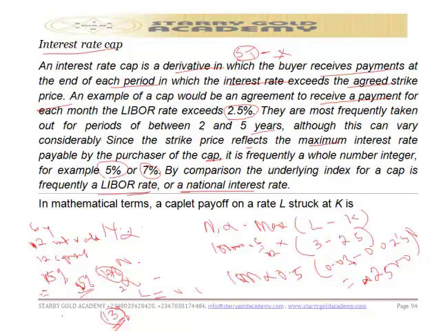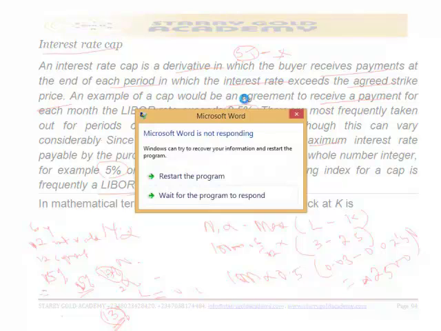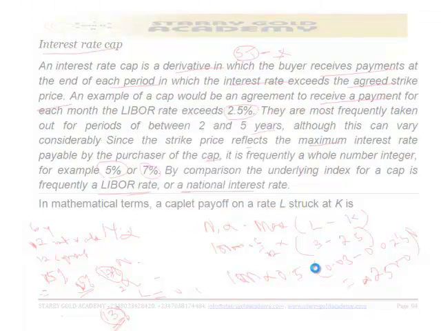Let me read the question again so you can get it done. I said, suppose that in January 2007, you own a caplet on 6-month US dollar Libor. 6 months of the year is 0.5. That is where we get the 0.5 from, so you don't get unnecessarily confused.